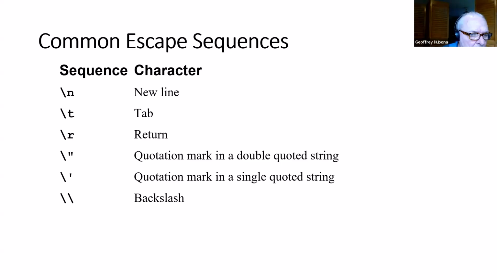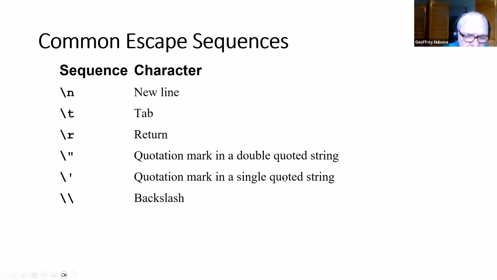And the way you do it is you precede the escape character with a backslash, and the backslash tells the compiler that the character that follows means something other than a member of the string, right?